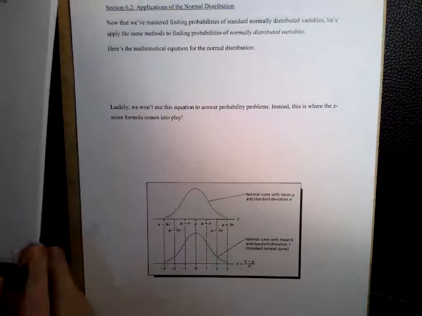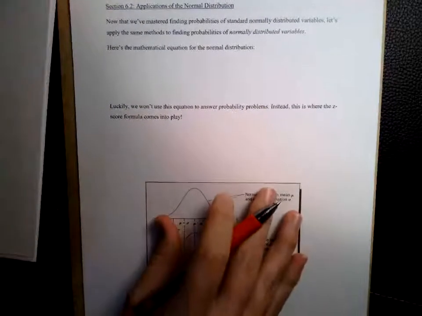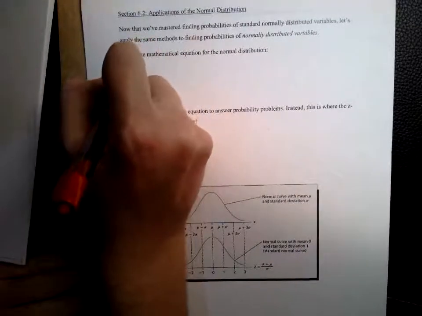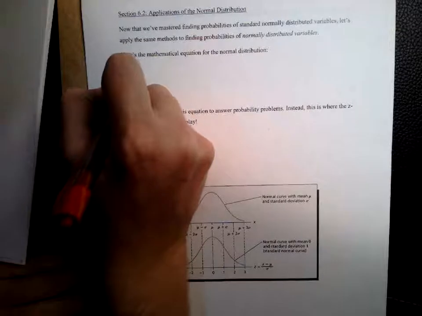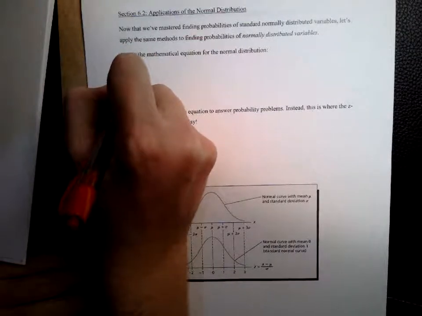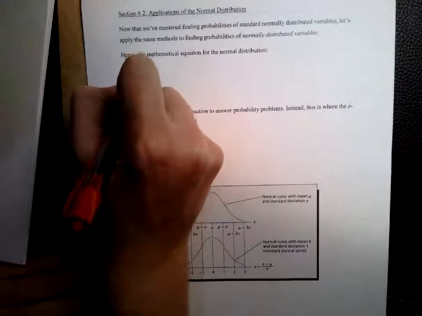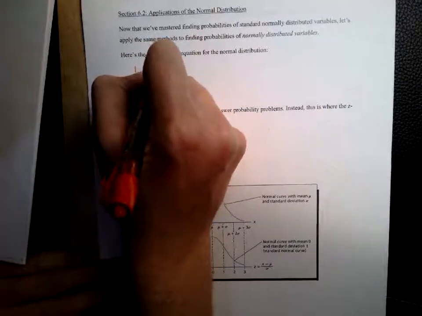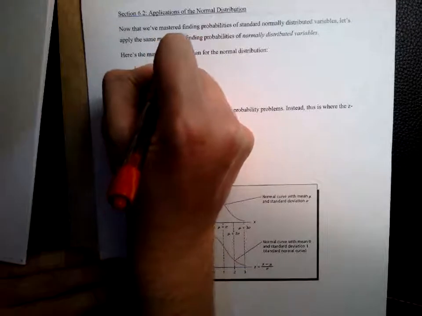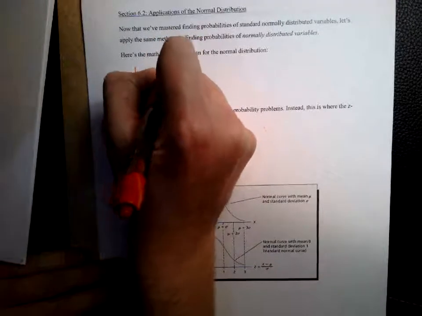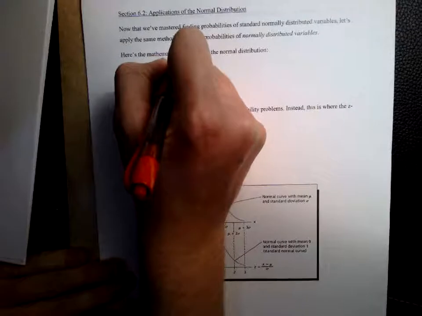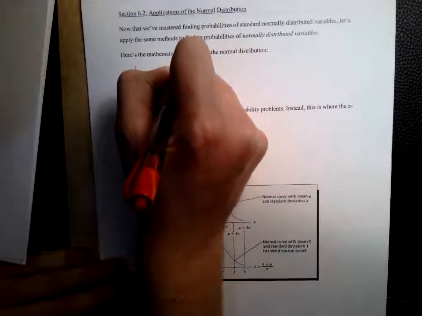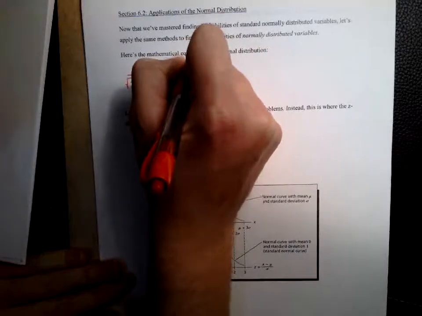Now, here is the mathematical equation for the normal distribution. So we have 1 divided by the square root of 2 pi sigma squared times e to the minus 1 over 2 times x minus mu over sigma, and this quantity squared.